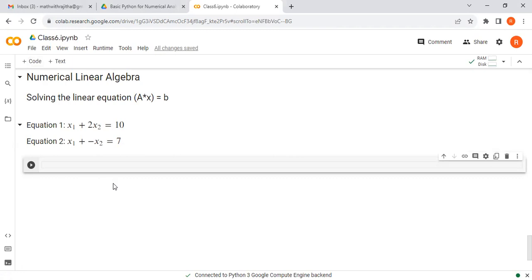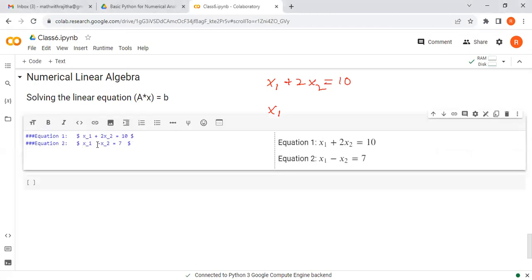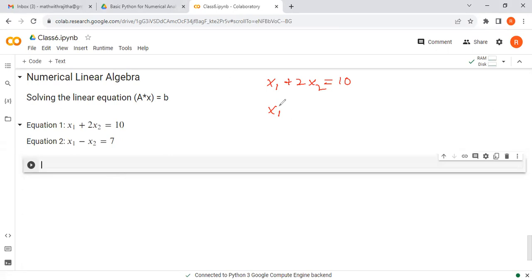I want to solve this for x1 and x2. So I have two equations: x1 plus 2x2 equals 10, and x1 minus x2 equals 7.